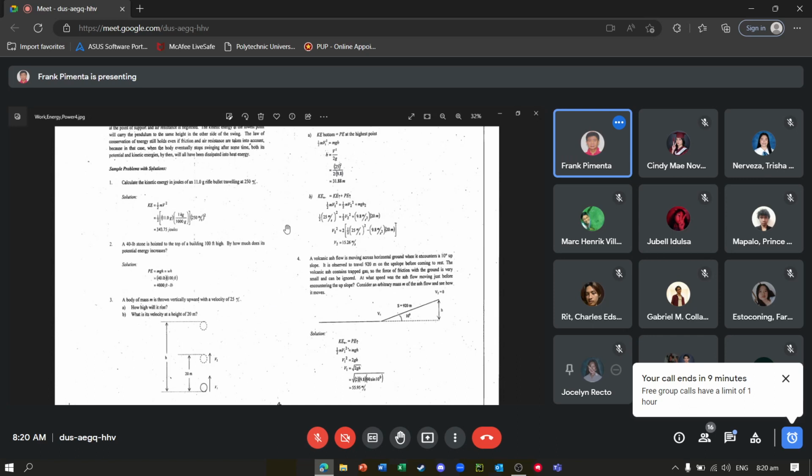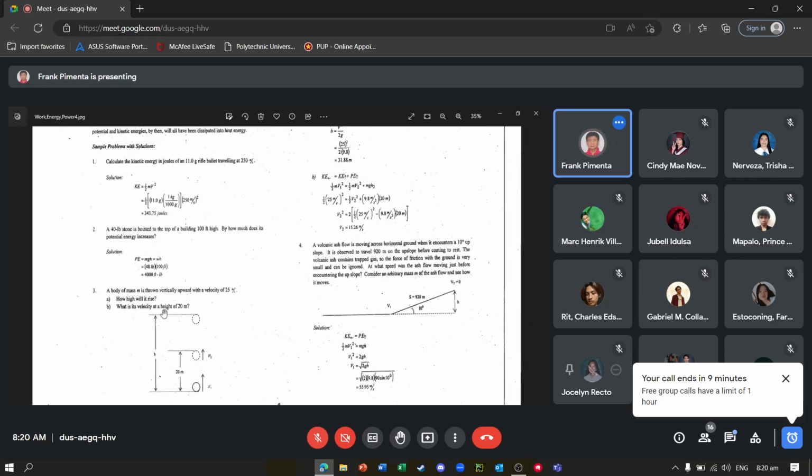Okay. So for letter B, what will be its velocity at 20 meters high? Now considering that the height here is 32.88 and its height here is 0. So if this is approximately 32 meters, and the 20 meters is here, in between. So what will be the velocity here?